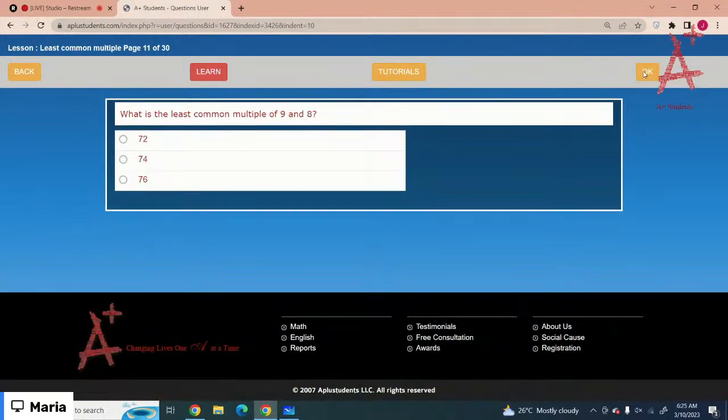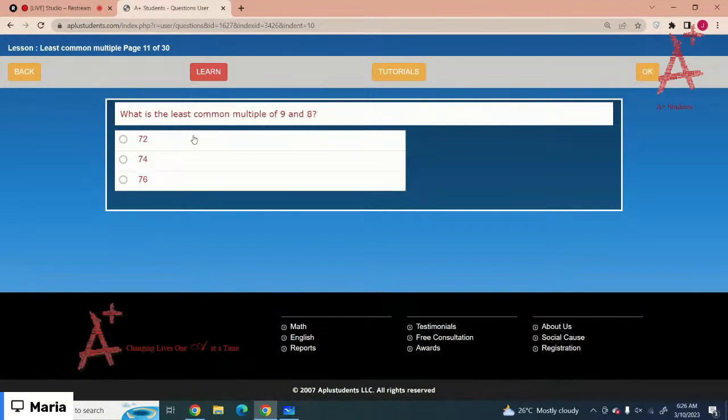What is the least common multiple of 9 and 8? Yes, it is 72.